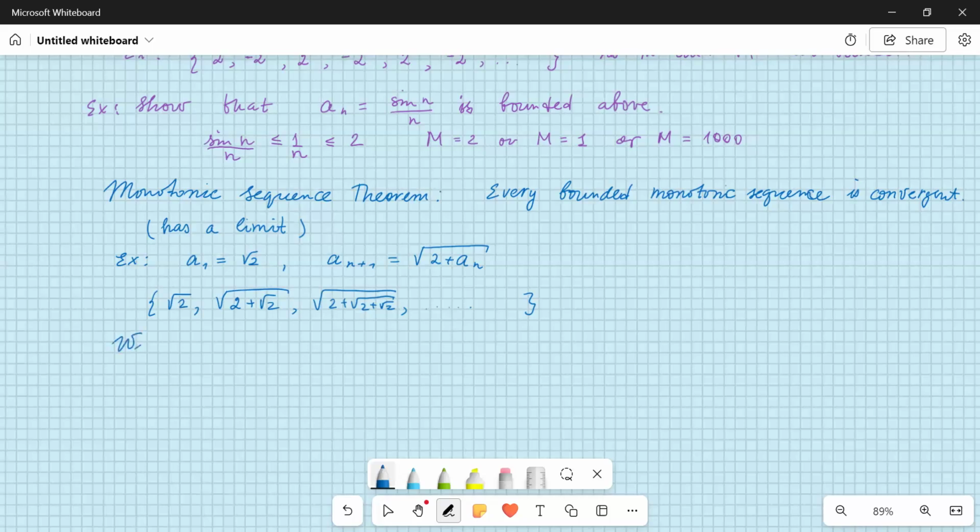So, number one, use the theorem. A, check if a_n is monotonic.